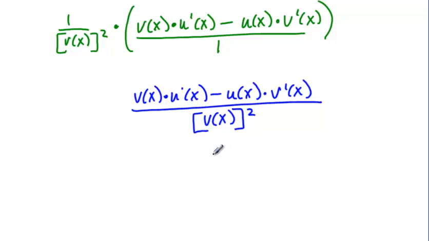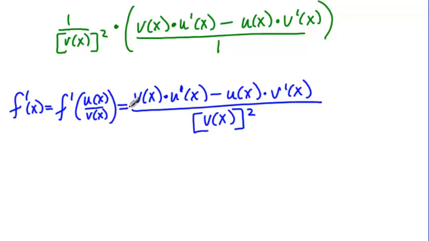And if you think back to our quotient rule, what we have is low d high minus high d low all over low squared. So this is the derivative of a quotient as long as it is written in terms of two functions u and v that are also in terms of x. So I can rewrite it like this, u of x over v of x, and we've got it.